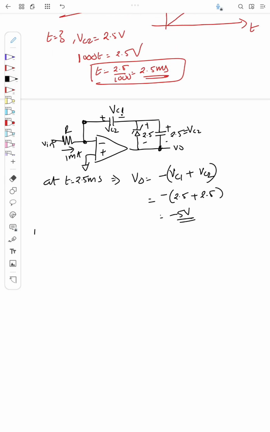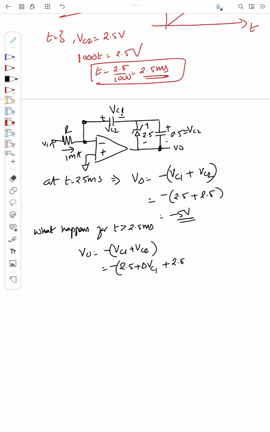Okay, now what happens for t greater than 2.5 millisecond? V0 will be equal to minus of VC1 plus VC2, right? So VC1 is 2.5 plus some delta VC1, that is, VC1 will definitely change while VC2 will remain constant.